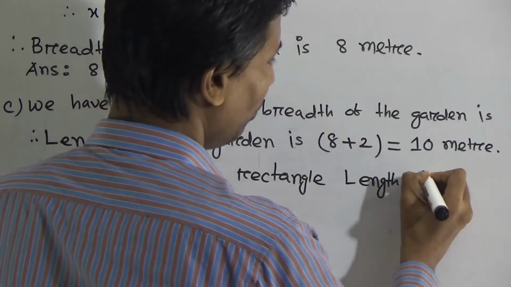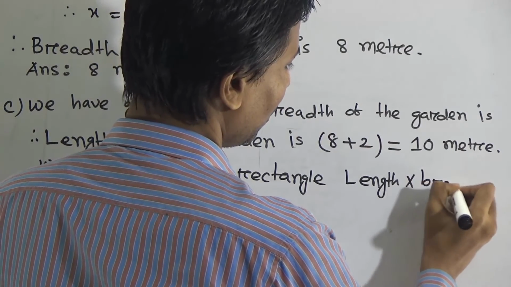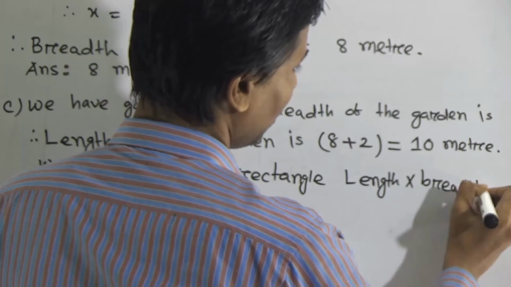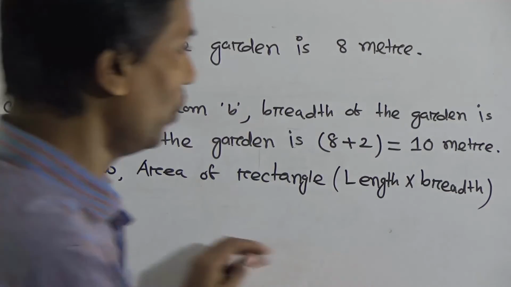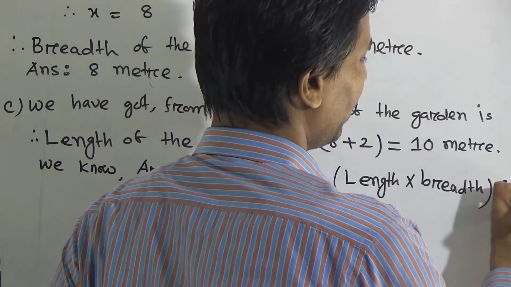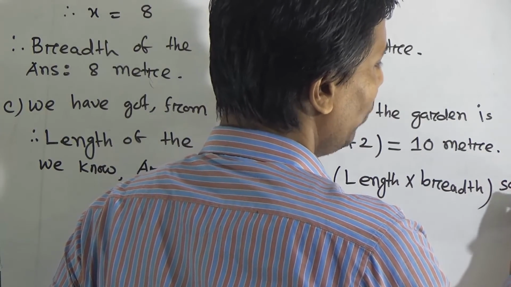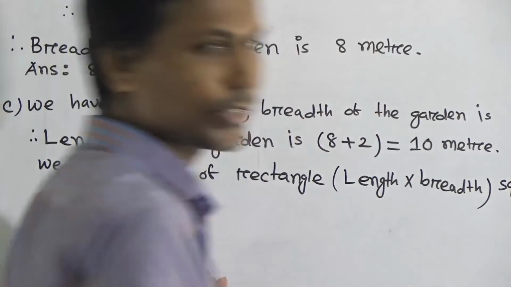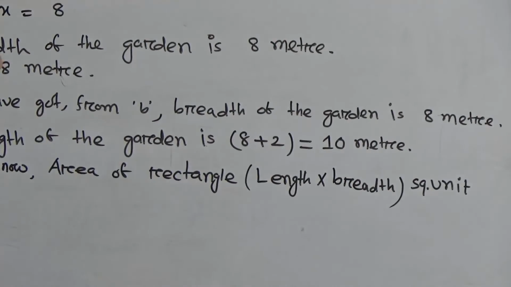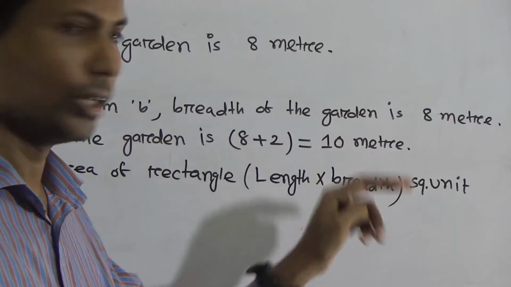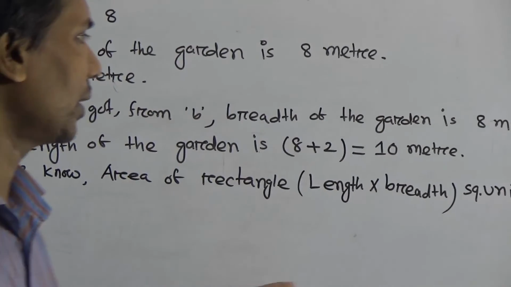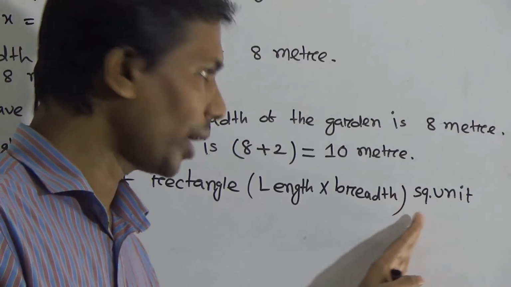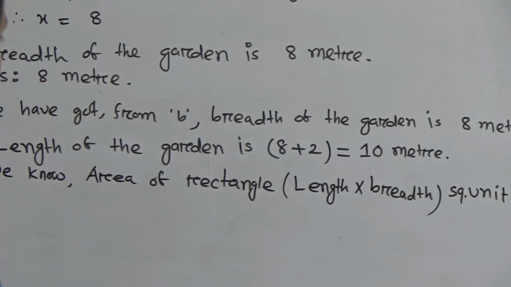Length into breadth. What is its unit? Unit here is square unit, and here unit means square meter. As our unit here is meter, so the unit of the area of the rectangle is square meter.